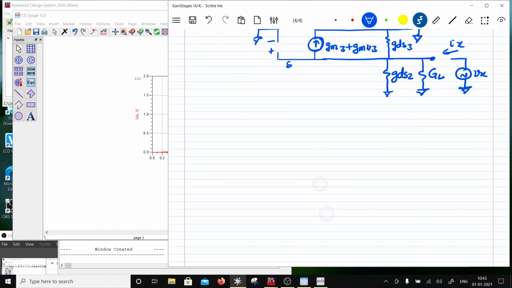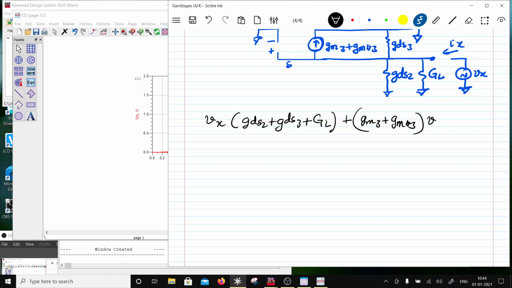So I need to write this equation at the output node. I have Vx times GDS2 plus GDS3 plus GL, and then the current which is flowing out of the node is positive, so that will be GM3 plus GMB3 times Vx, and then minus the current flowing in is equal to 0.